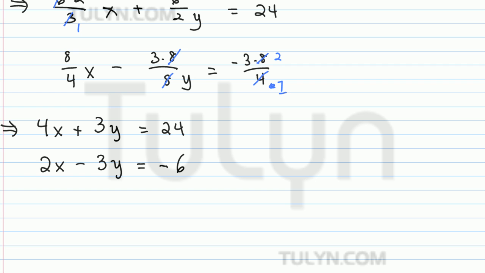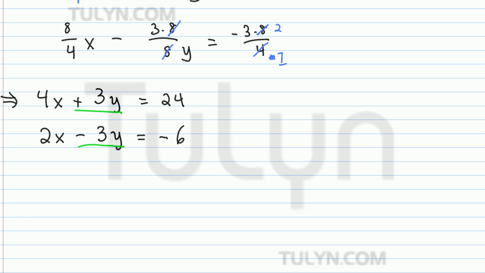So now we're in a position where this looks a lot nicer, right? And in fact, if you notice in the y variable, the coefficients are opposite. So that means when we add these two equations together, we're going to cancel out the y variable, which is what we want. So let's add these two equations together.